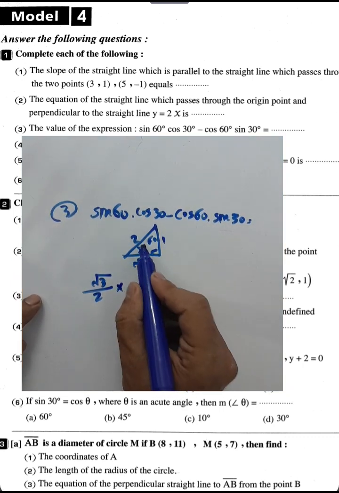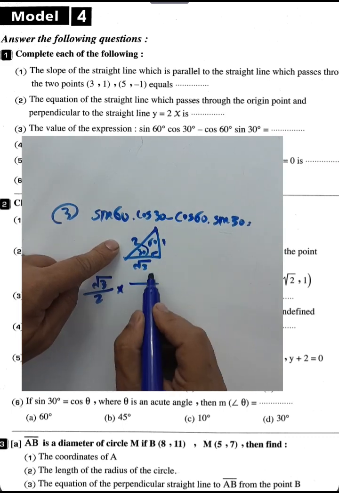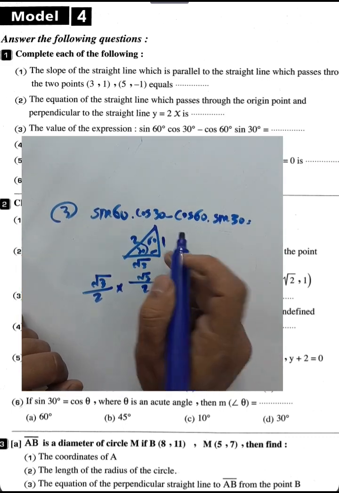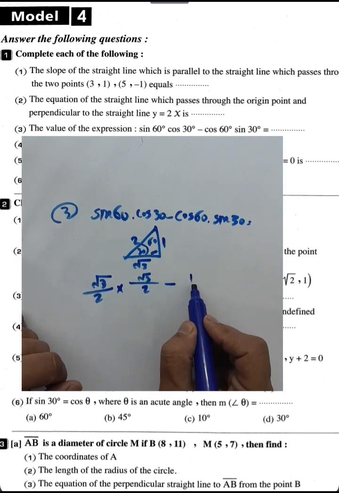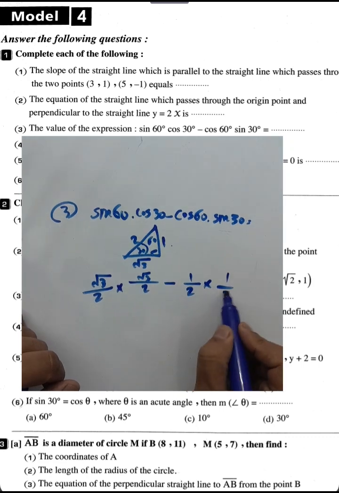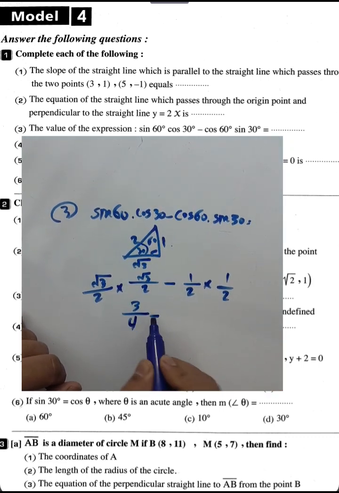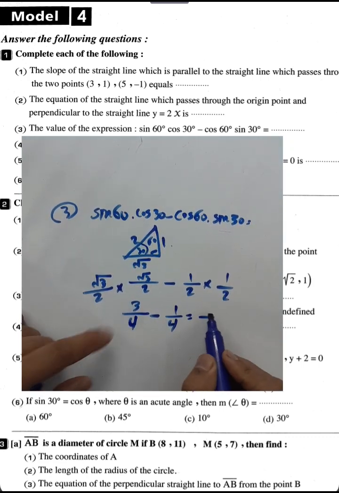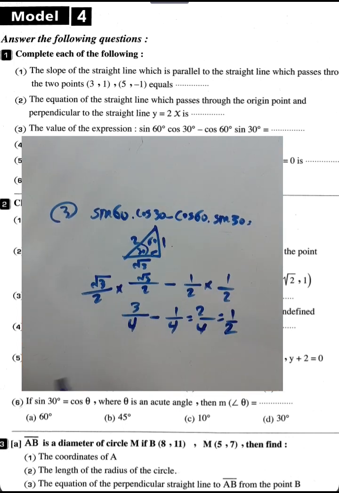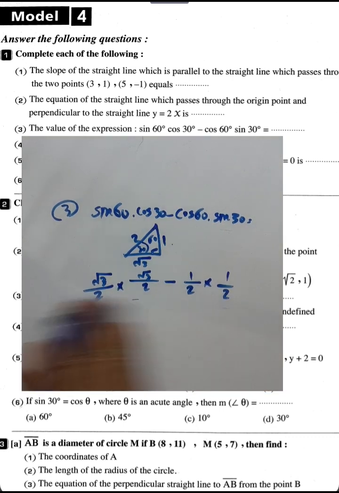Cosine 30 is adjacent over hypotenuse, root 3 over 2, subtract cosine 60, adjacent over hypotenuse, 1 over 2, times sine 30, 1 over 2. That is 3 over 4 subtract 1 over 4, the result will be 2 over 4, which is 1 over 2. Okay, question number 3, the result will be half.